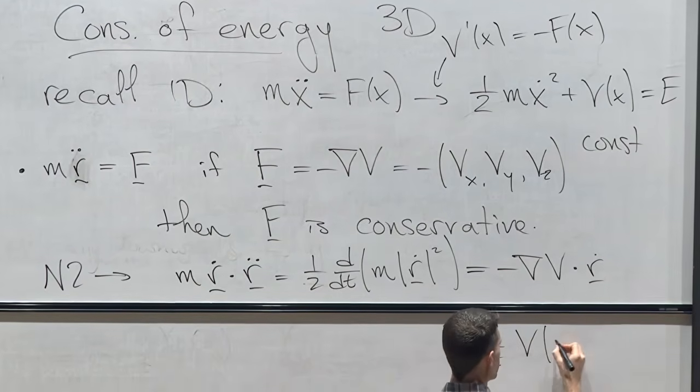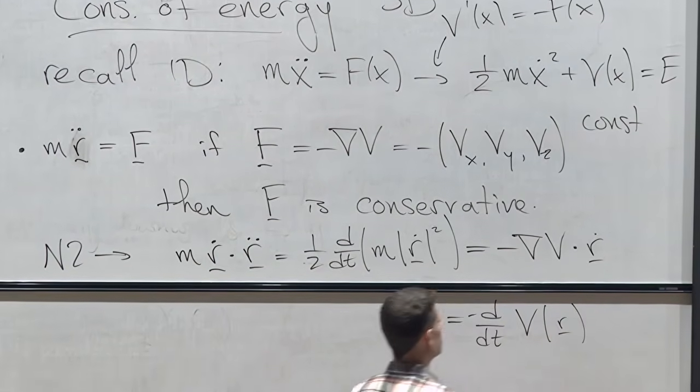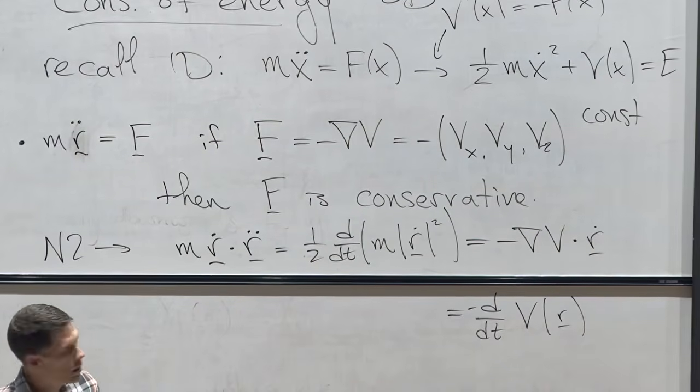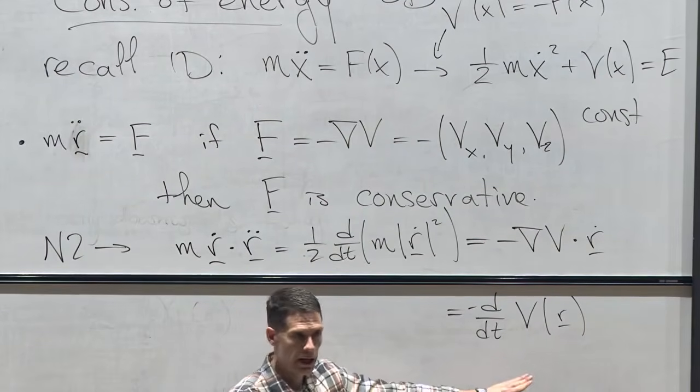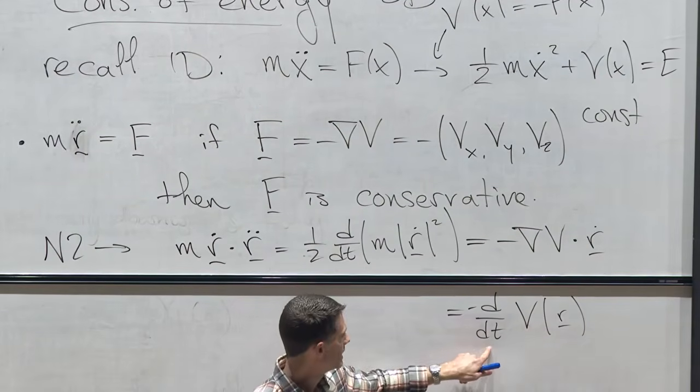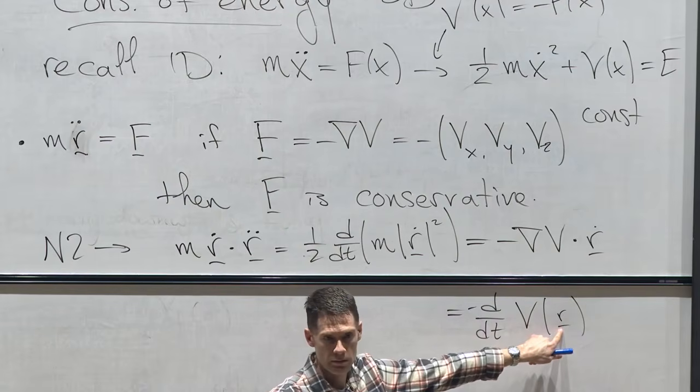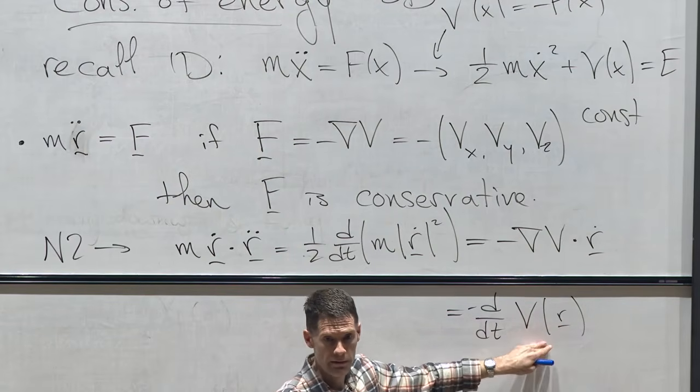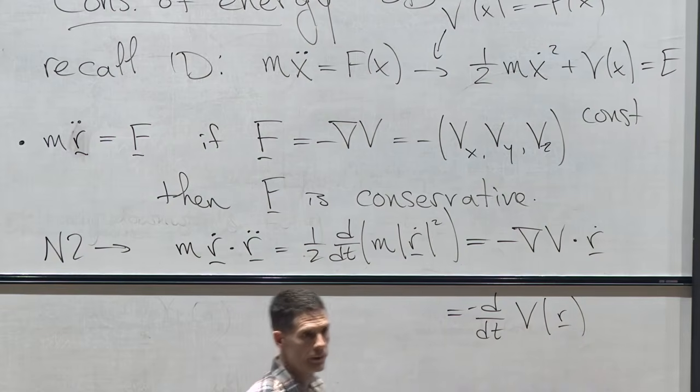That one's maybe a little harder to see, but again, if you go the other way, take d/dt of V. V is a function of r, x of t, y of t, z of t. Chain rule is going to give you a grad V times an r dot. Okay.